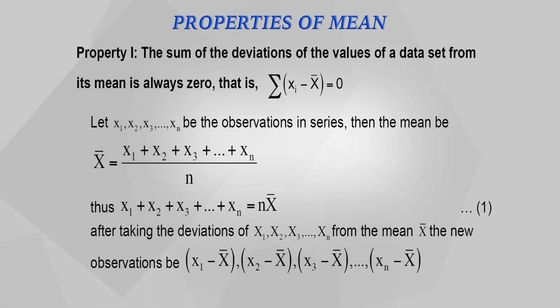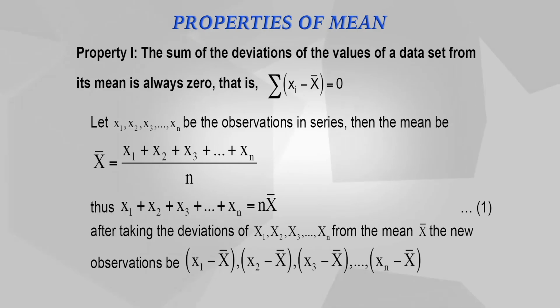From this formula we get the sum of observations, x1 plus x2 plus x3 up to xn, is equal to n times the arithmetic mean x bar. We have to remember this equation, as it will be used in further manipulations.